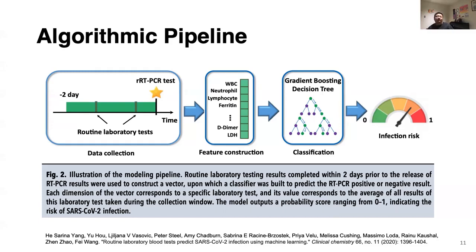And number two is a routine blood test is much more available all over the world, including both the developed regions and underdeveloped regions, and we can get the results from routine blood tests much more quickly. So we can essentially get the result estimation in a more efficient way, so that clinical decision makers can have a better sense of how to deal with this patient later on, and whether there are any resources they need to plan ahead of time.